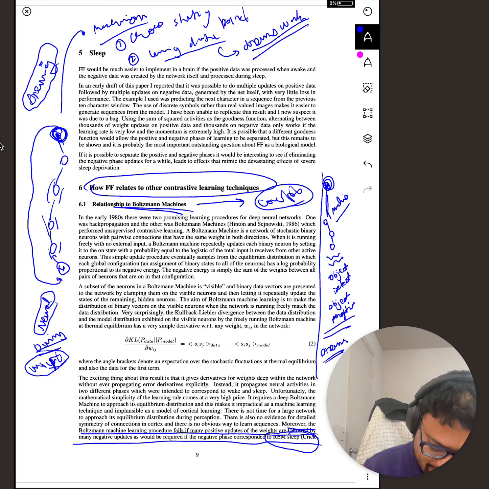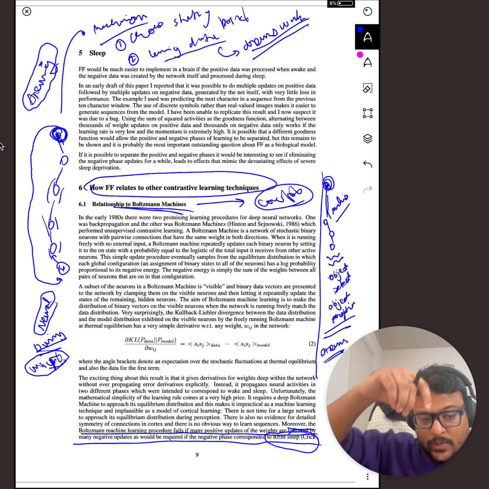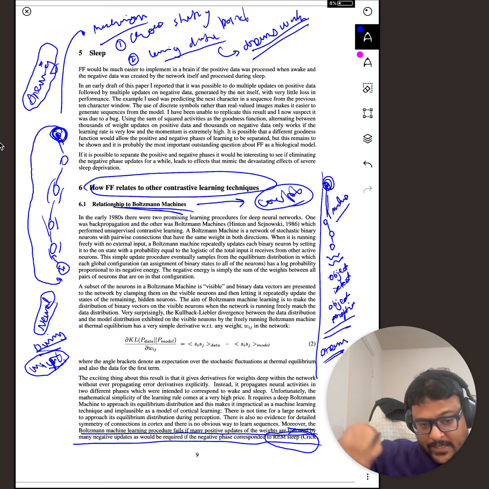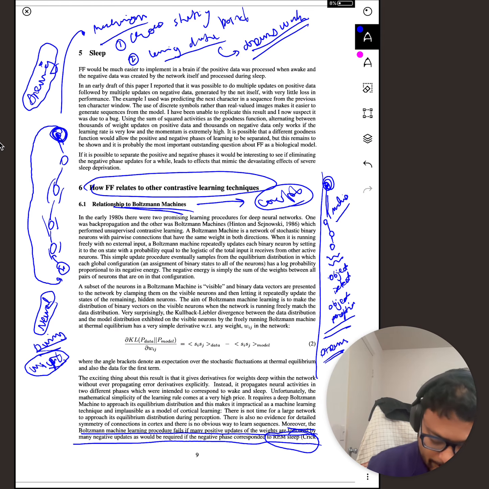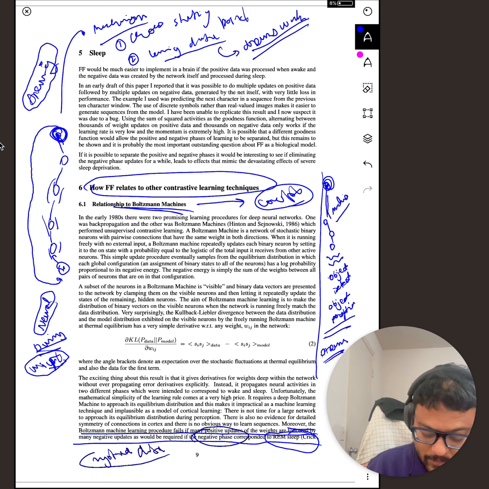And what he's saying is that this negative learning, this dreaming mechanism happening in the brain, is somehow similar to the negative phase, to the negative data which is being piped through the network in normal forward-forward.